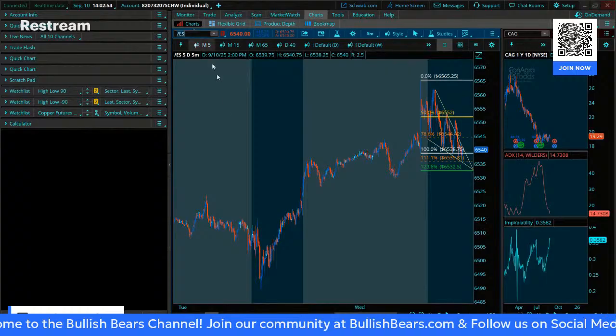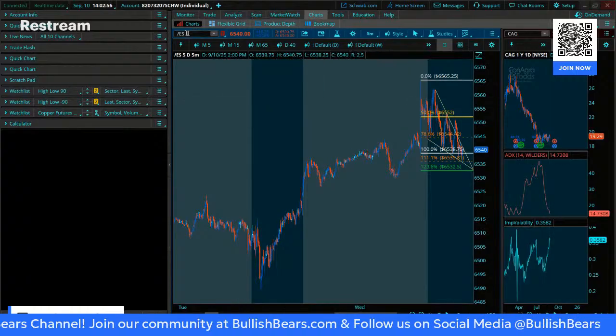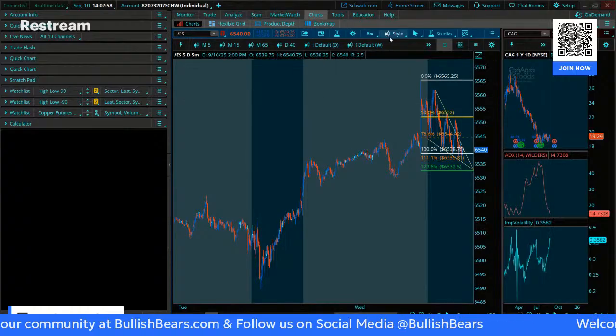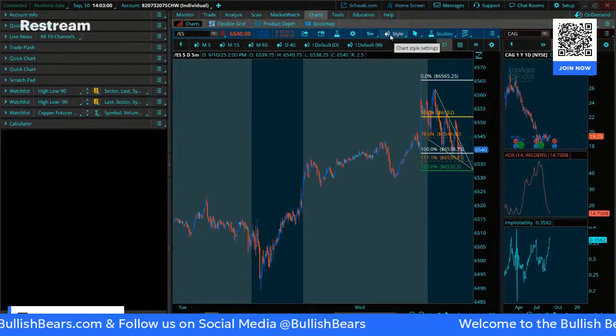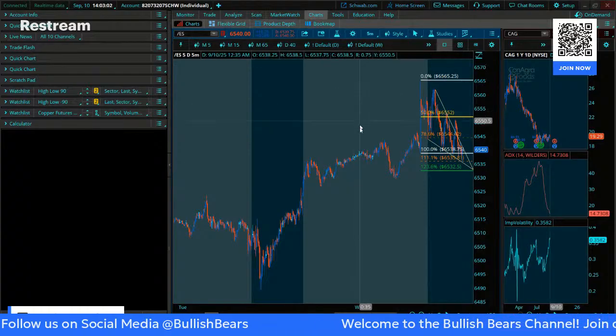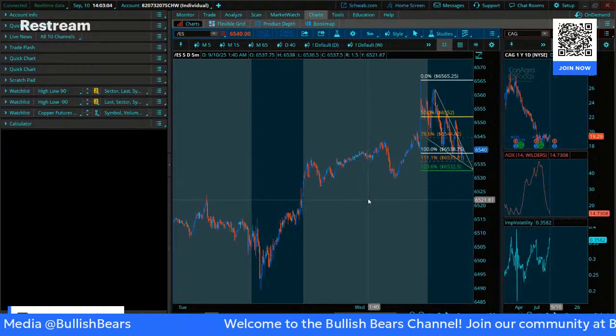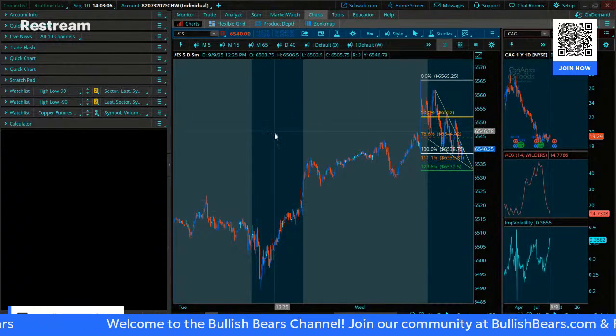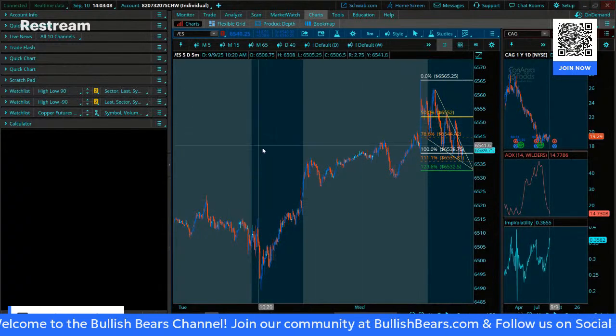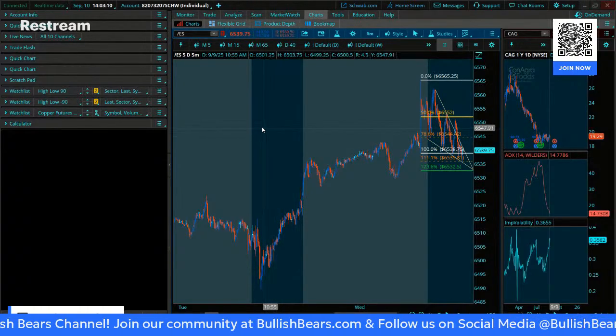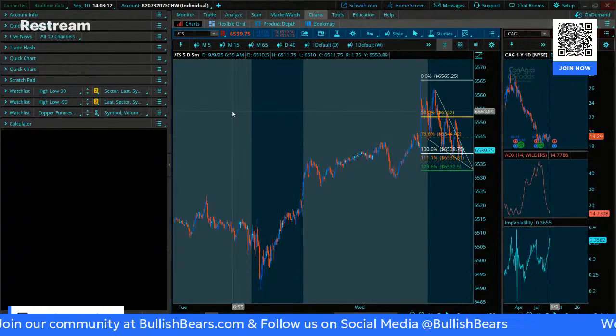So on Thinkorswim, you're running a continuous contract. When we get the contract roll, we're going to be at a new level and it's going to show a gap from where we were to where we are Monday.